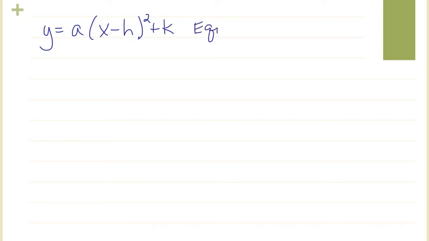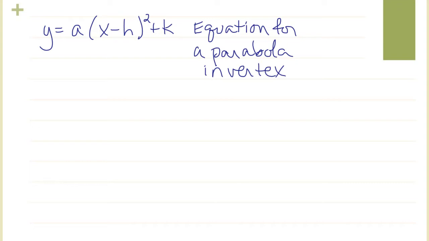So it's the equation for a parabola in vertex form when it's been translated. Now, you might remember from geometry, translations are a type of transformation. There are rotations, reflections, and translations, the three transformations we did that maintained size and shape.